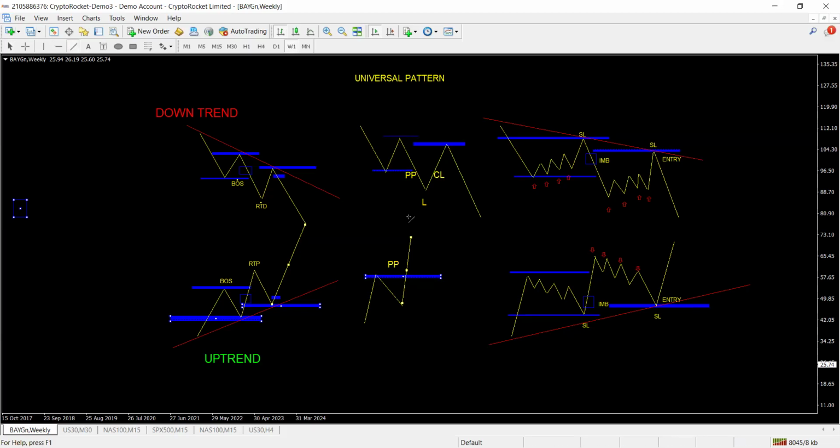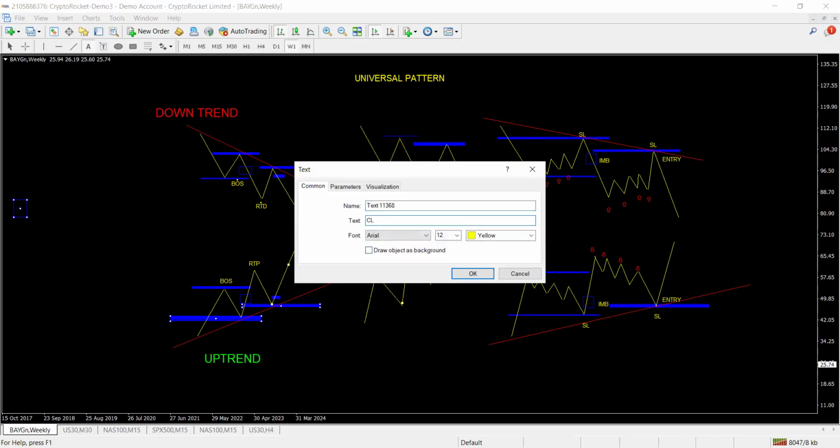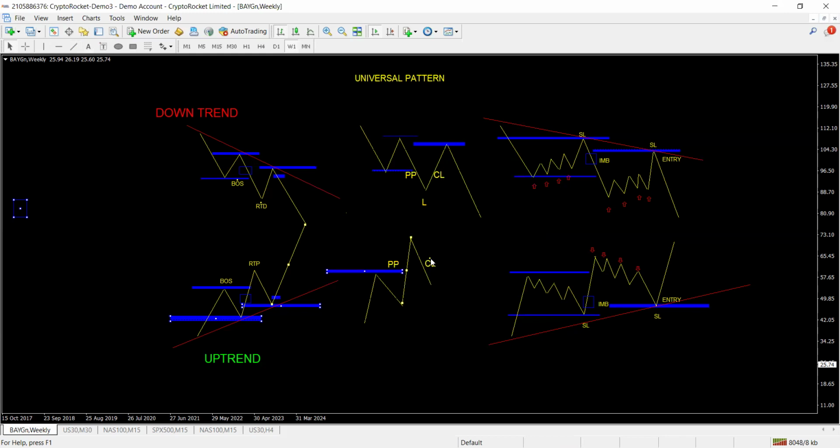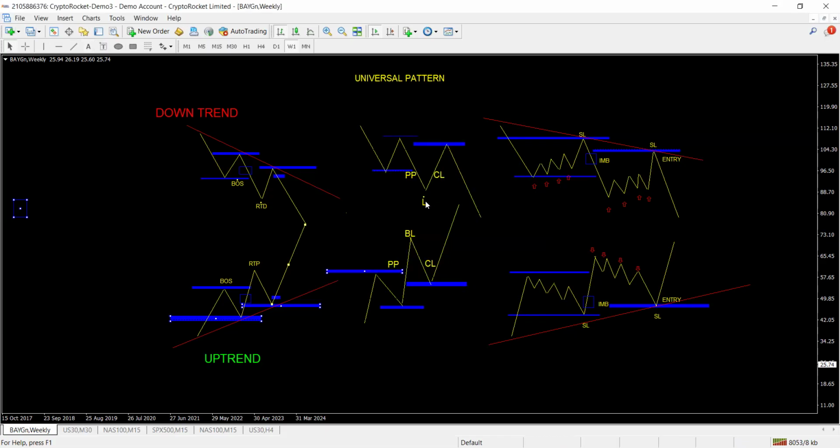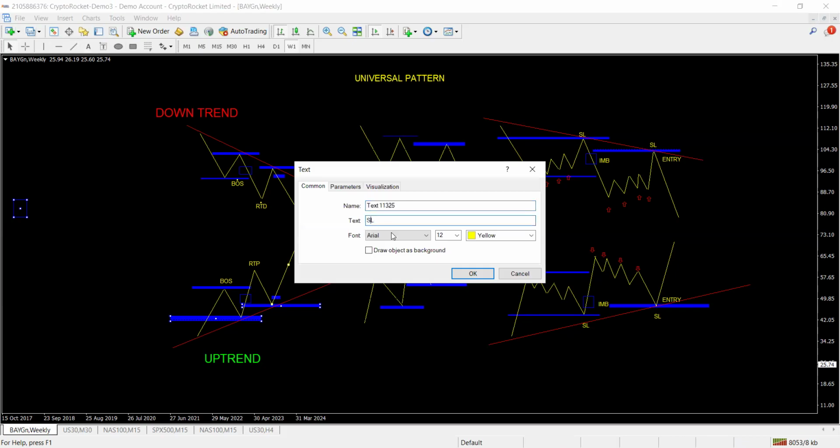And then when the market pulls back, we know that this is creating liquidity. And then we go right back into a push phase towards buy side liquidity. Now I'm going to put BL here for buy side liquidity and SL here for sell side liquidity.